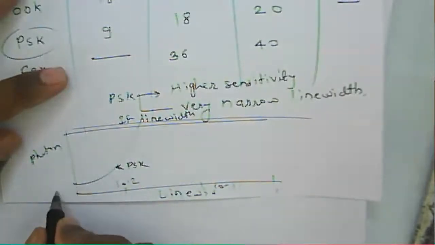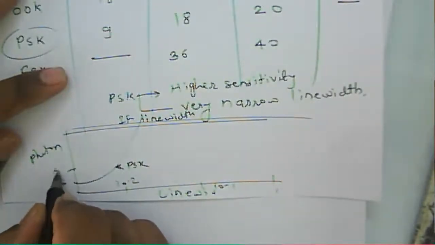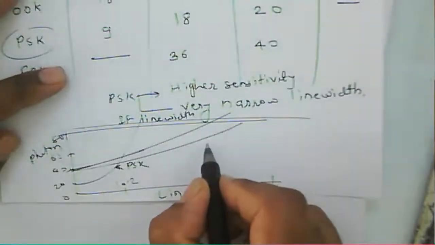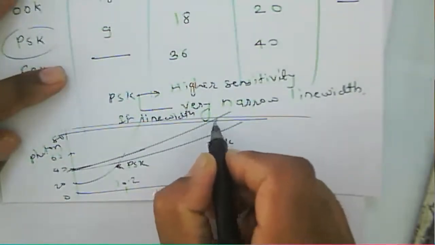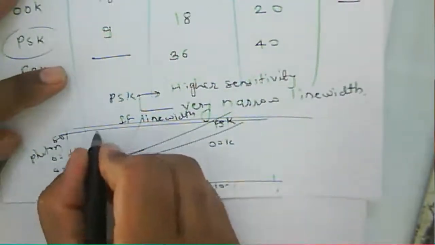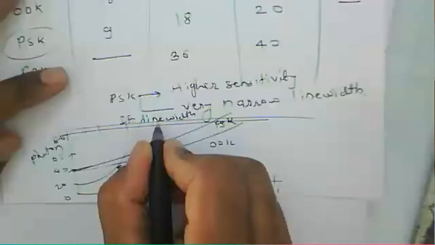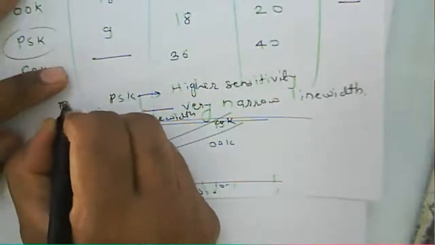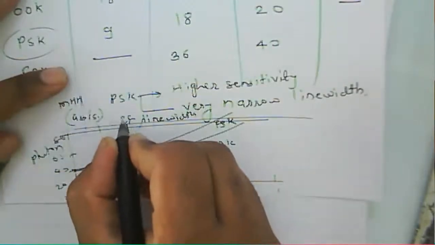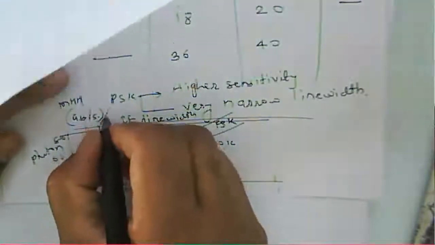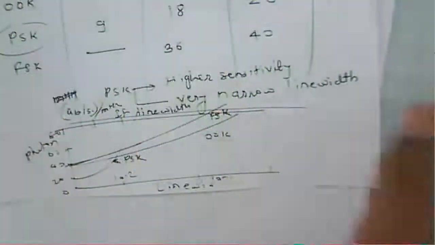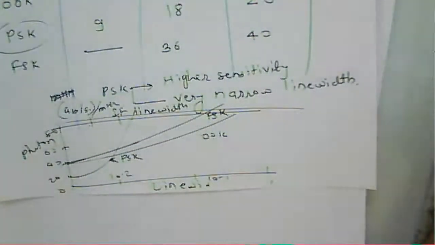And this axis is 0, 20, 40, 60, 80, this one is OOK, and this one is FSK, with 10, 20, 50 in gigabits per second, or in terms of megahertz, 10 megahertz, 20, 100 likewise. That's why we can say PSK supports this low bit rate.